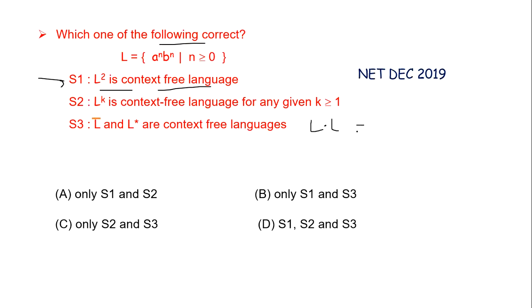So it will be a raised to the power n, b raised to the power n, into a raised to the power n, b raised to the power n, for n greater than or equal to 0. And this language L square is a context-free language because we can easily design a push-down automaton which accepts this language. Okay, so statement S1 is true.